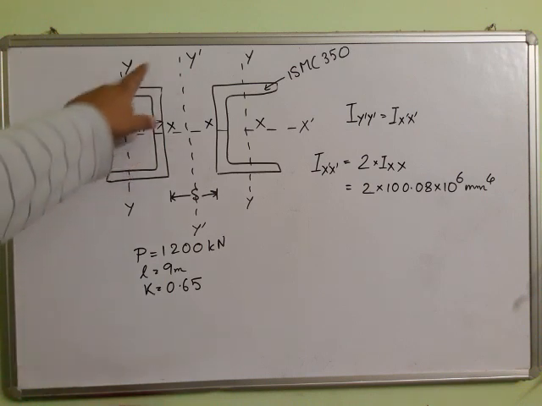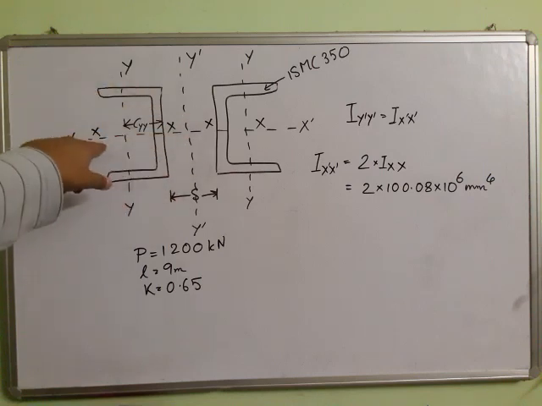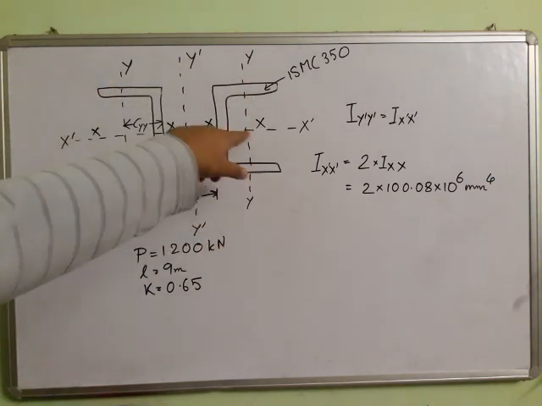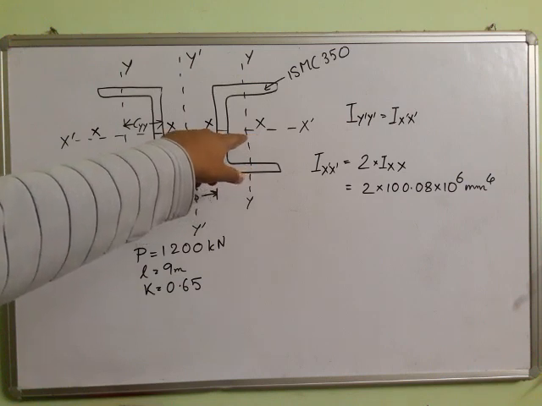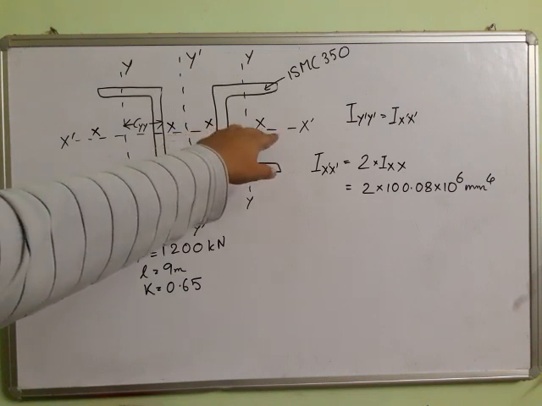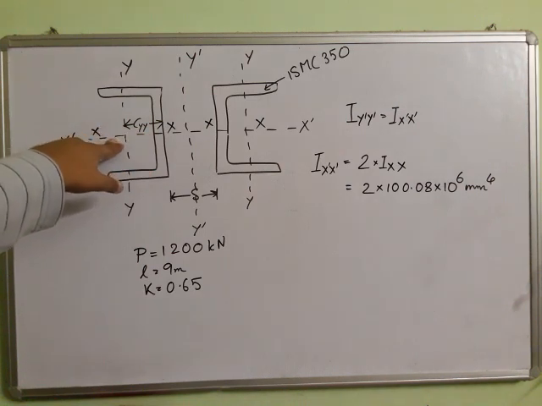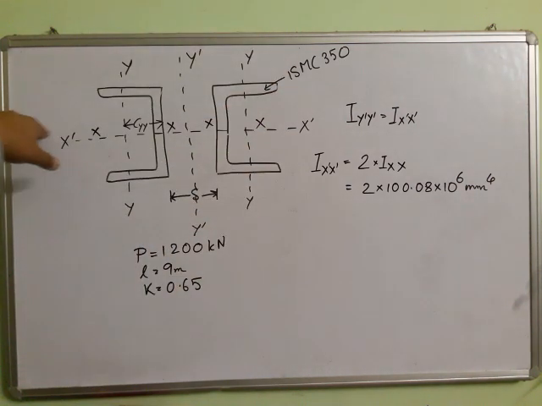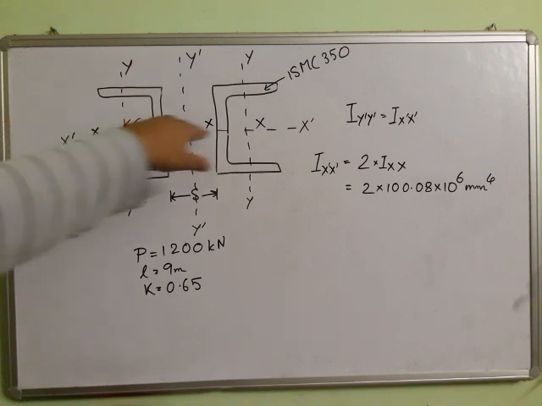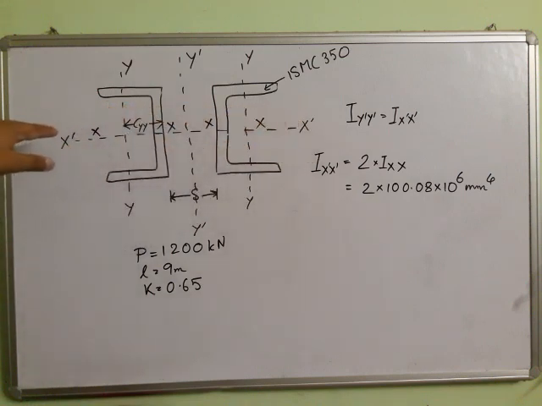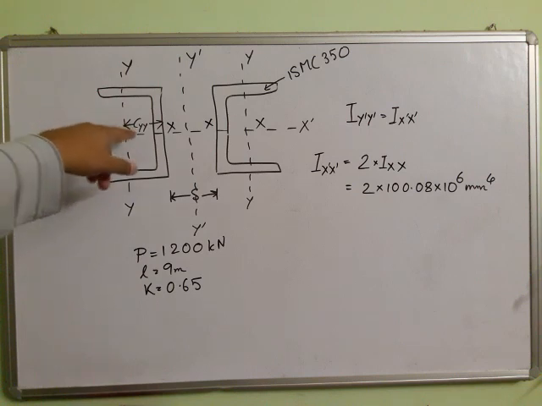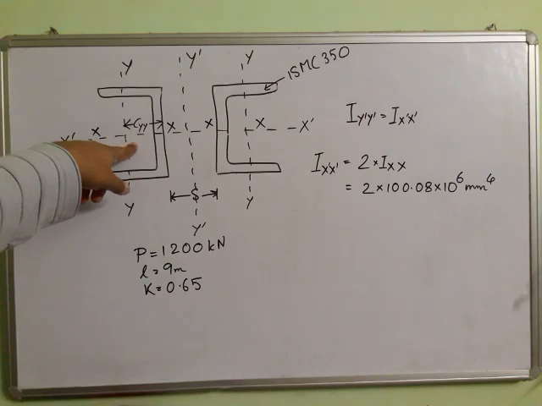You see, this section has its own x-axis and this section has its own x-axis. Okay, and for the built-up compression member, this axis gets merged, so for the built-up column, x'x' will be the axis, and the moment of inertia about x'x' will be equal to the sum of the moment of inertia of each channel section about its x-axis.